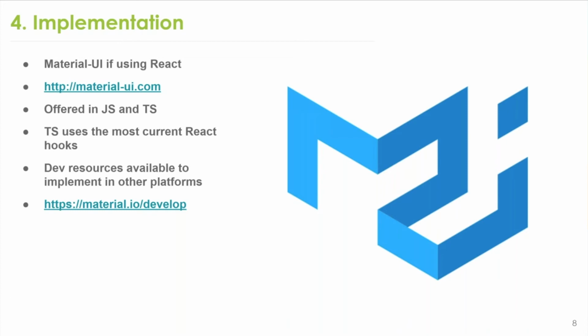They also have a lot of the same documentation on Material UI as you will find in Material Design. It's not as robust, but they do have for each component when to use this component and where this component should be. They offer the code in JavaScript or TypeScript, and for the most part, it's plug and play.